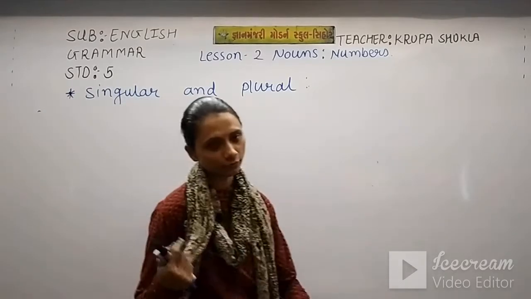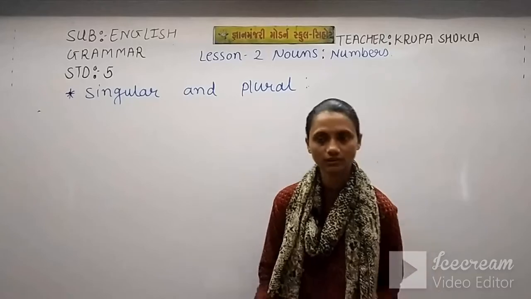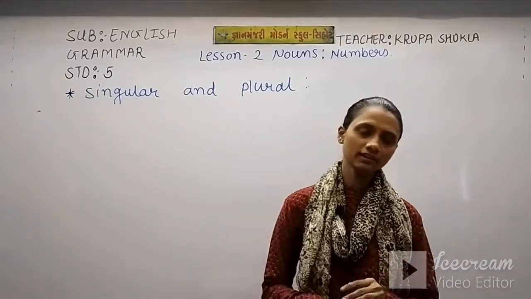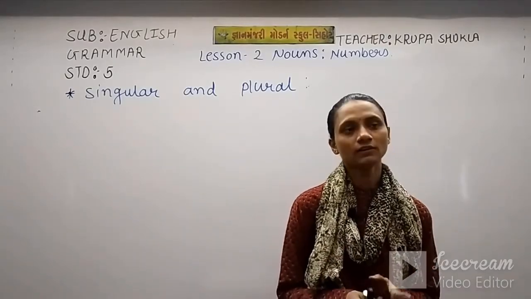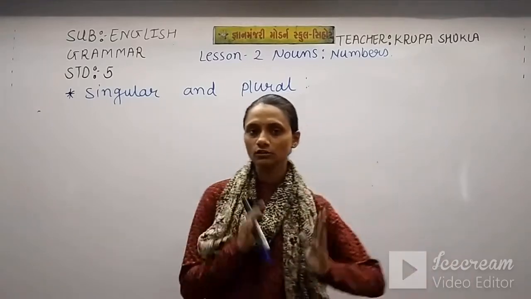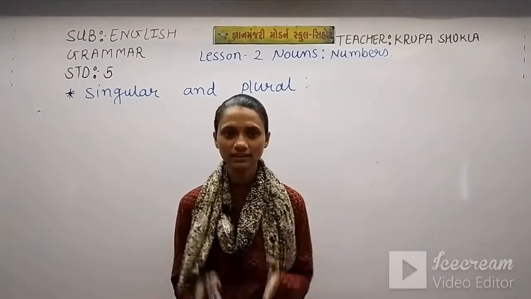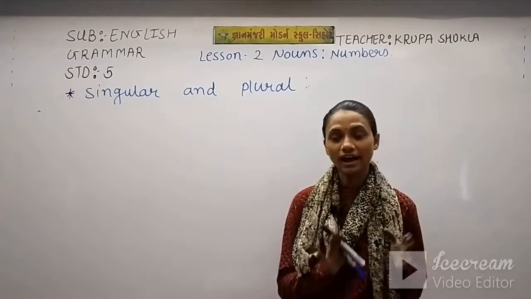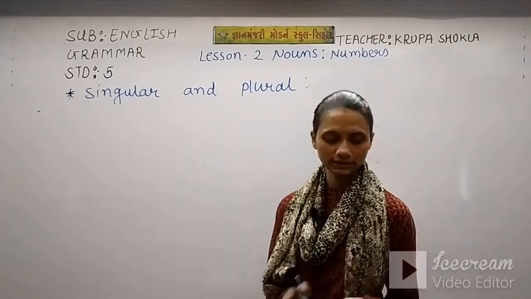Rule number 4 is, when we find any noun or word ending with a consonant plus y, at that time we add ies to make it plural.